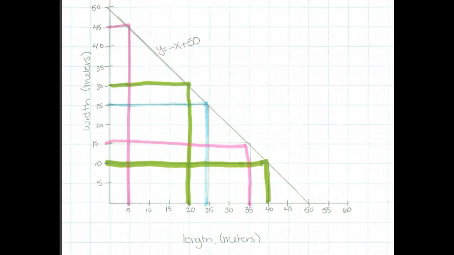But what I did to find that is I picked 2 points on the line. So let's say this one right here, which would be 20, 30. And then let's say this one down here, which would be 40, 10. Then we use the slope formula, which is y2 minus y1 over x2 minus x1.